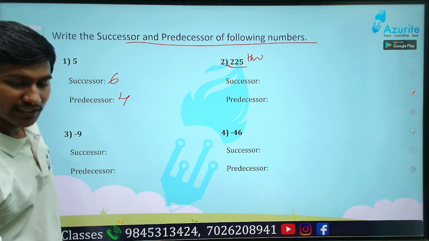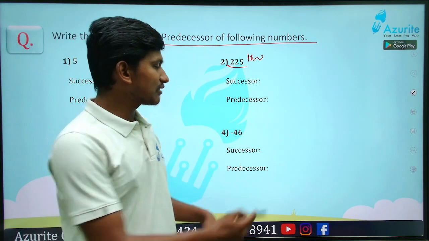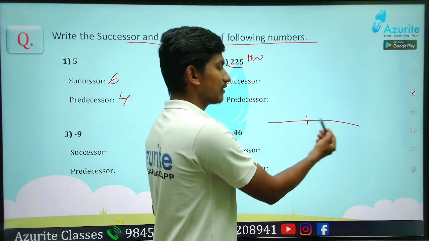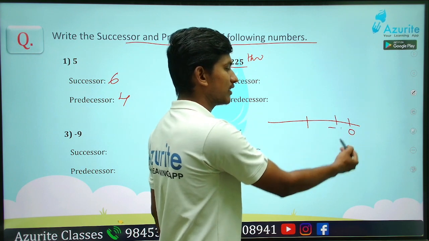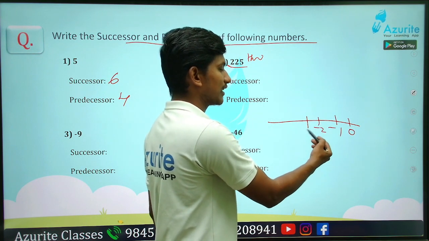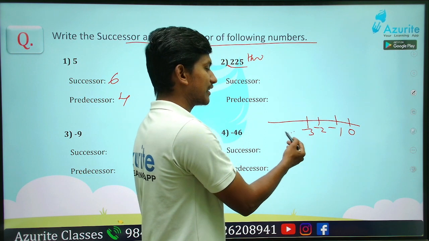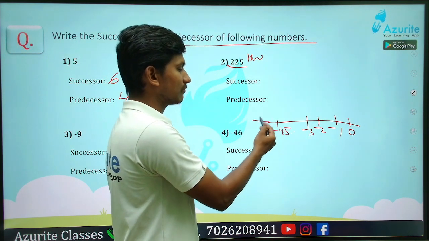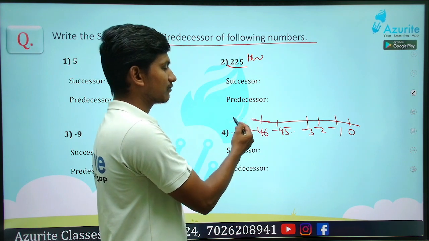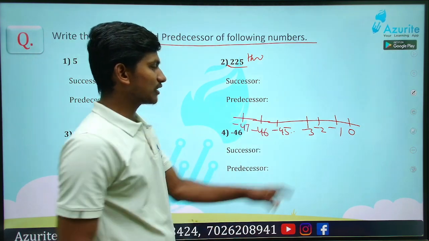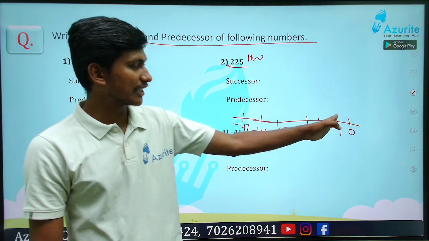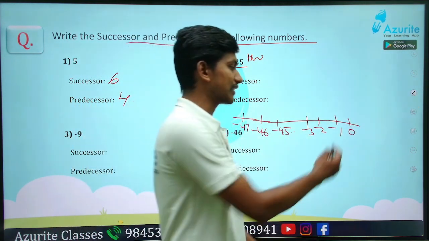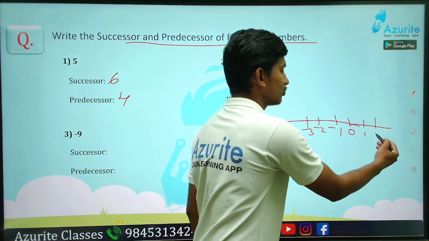Okay, so see here, if you write the number line you will understand. If I take from 0, then minus 1, minus 2, minus 3 like this, here what will come? Minus 45, then minus 46, then minus 47. This is how the number line will be from the negative side, and on the positive side it will come like 1, 2, 3.